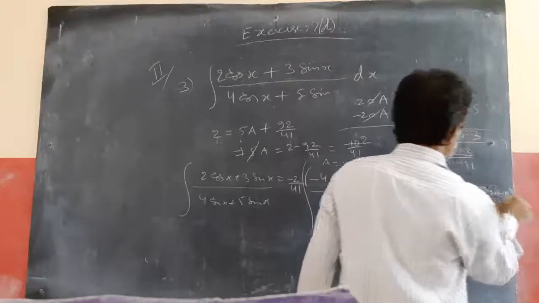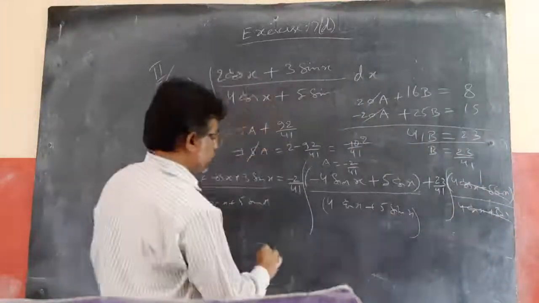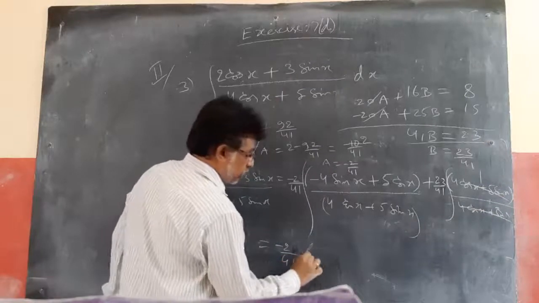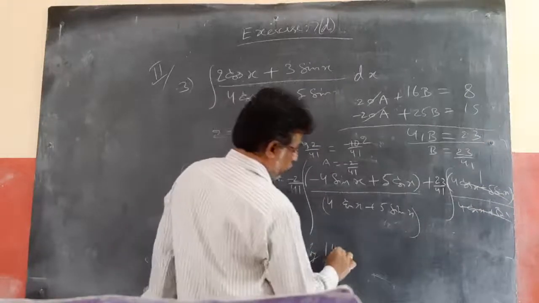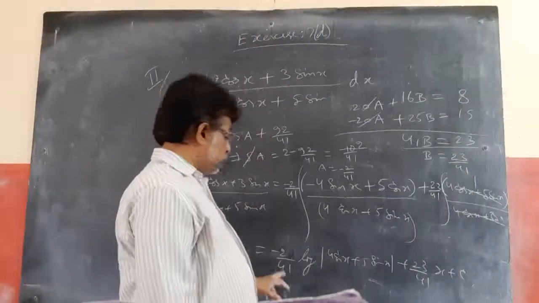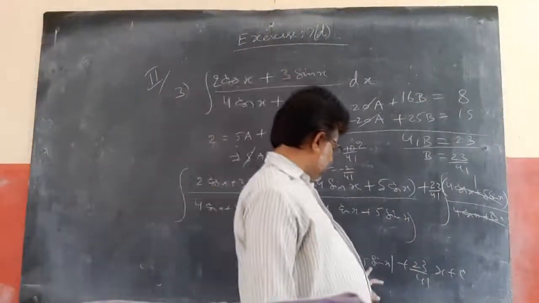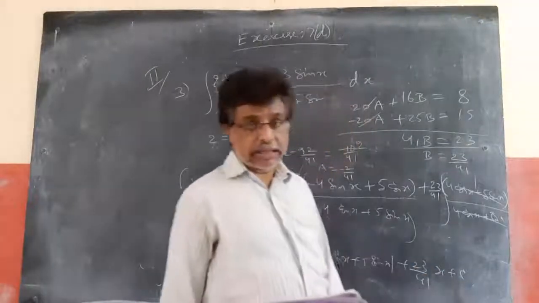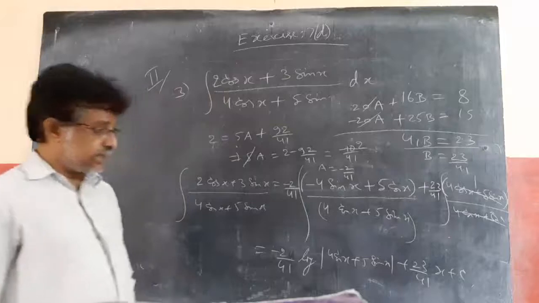Now these get cancelled. This is 1 dx, this is log mod. Minus 2 by 41 into log mod of (4 cos x plus 5 sin x) plus 23 by 41 into x plus c. This is our final result.